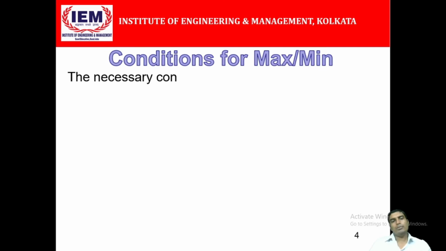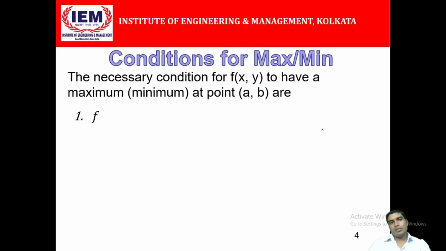Here you have two conditions, and the necessary condition also has two parts. Suppose you have this function f of x, y, and it has a minimum or maximum value at the point (a, b). Then first, the partial derivative of this function with respect to x at the point (a, b) should be 0.